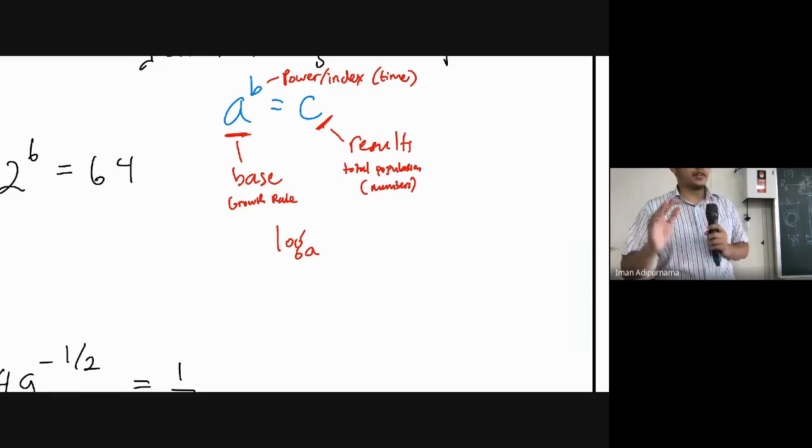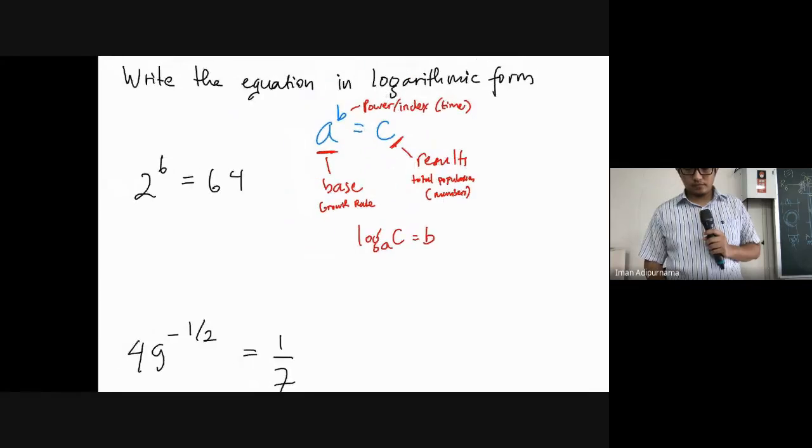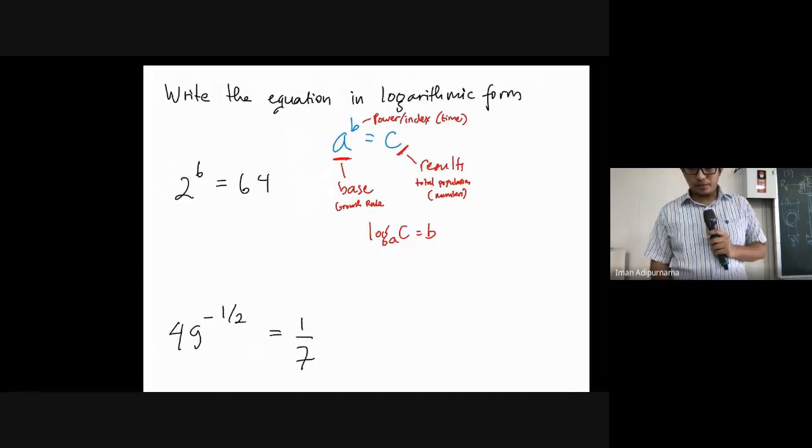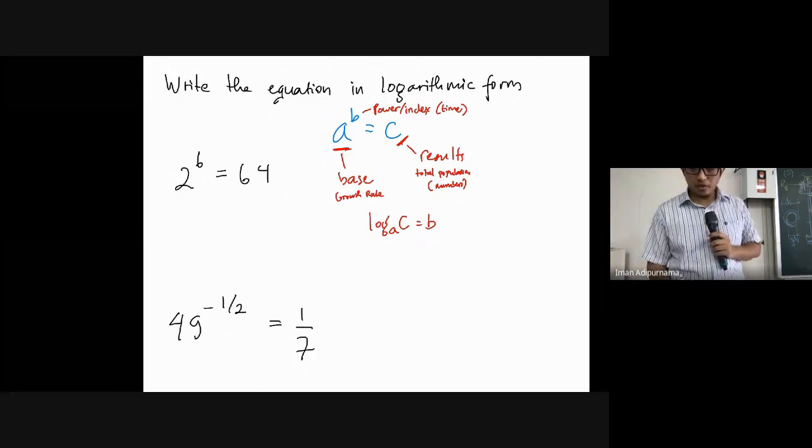So we kind of inverse it. We write the result c here, and this is equal to b. So if we have 2 with power of 6 is equal to 64, then it's log base 2 of 64 is 6.